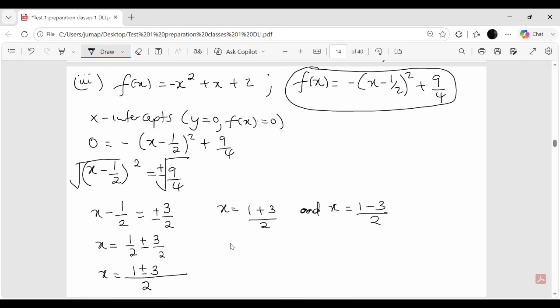As a result, you have x equal to 2 and x equal to negative 1. And the coordinates for this one are (2, 0) because it is an intercept. Then this one is (negative 1, 0), which is also an intercept. Are we together on this part?